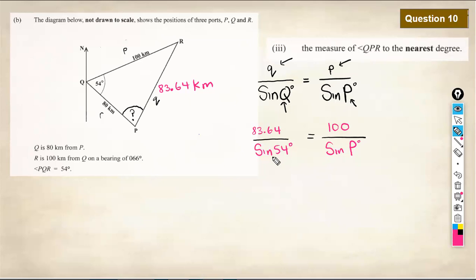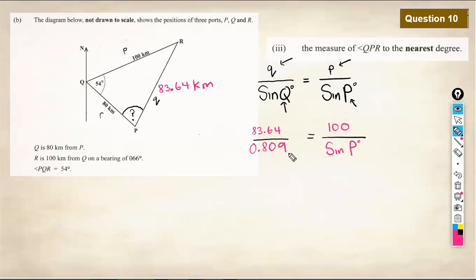So I'm just going to do this where I find sine 54 and round it off to 3 decimal places and then cross multiply. Sine 54, when I type that on my calculator, I'm getting 0.809.